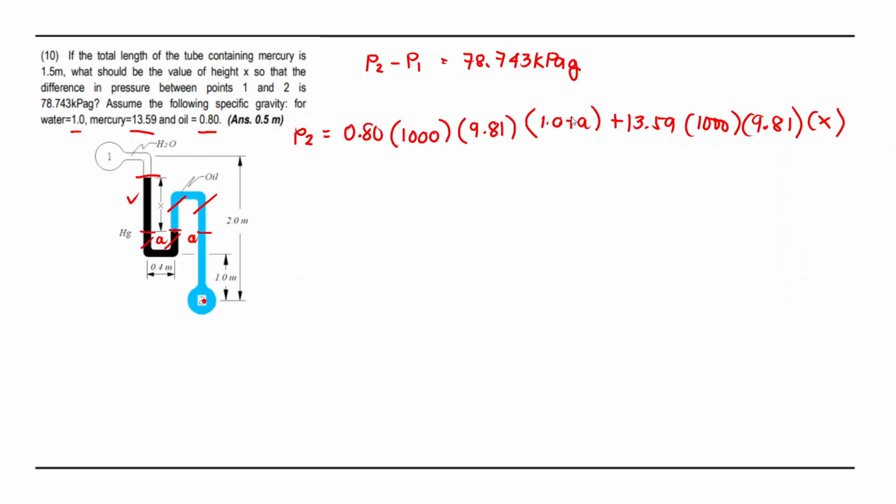And then, itong part na to, plus, that is water. So, 1.0 times 1,000 times 9.81. Sabi niya dito, 2 meters ito, 1 meter ito. So, ang hahanapin natin ito. 2 minus 1 is 1, diba?